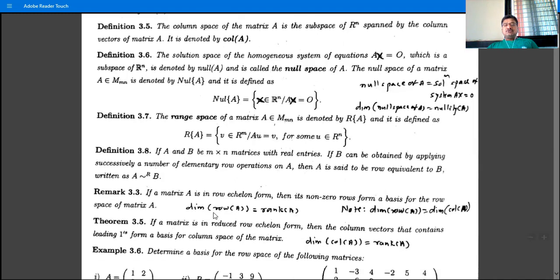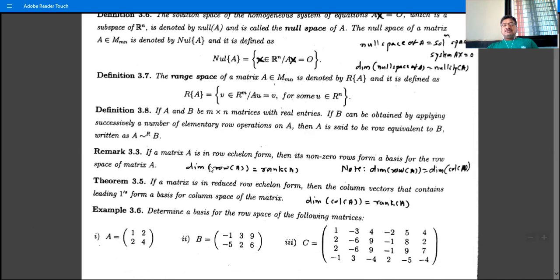And the dimension of the row space of A is called the rank of A, or the dimension of the column space of A is also called the rank of A. It means that for any matrix A, the dimension of the row space and the dimension of the column space are both the same, and this number is called the rank of the matrix A. That is, in order to find the rank of A, we have to find either the dimension of the row space or the dimension of the column space of matrix A. Both are the same and are called the rank of the matrix.